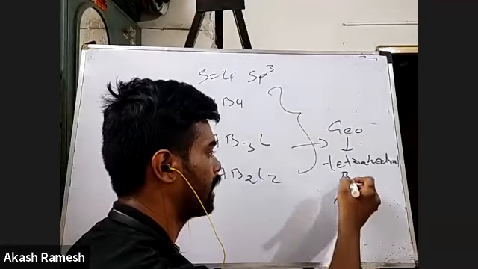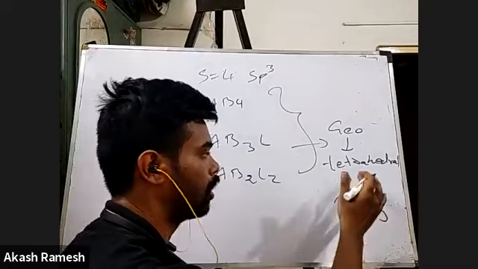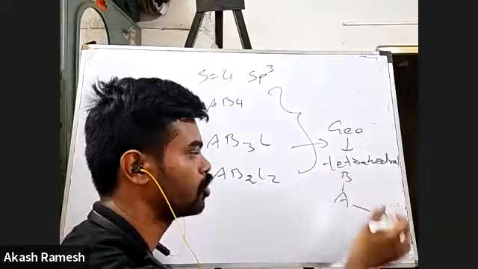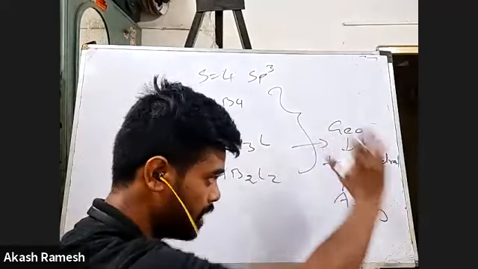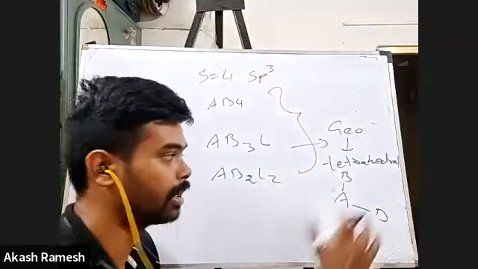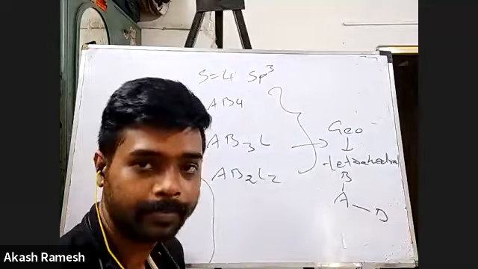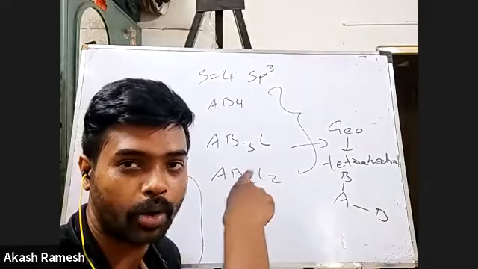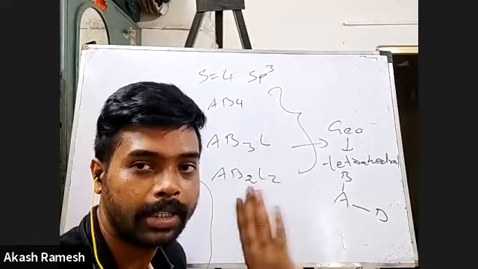So you have A, B. Now, these 2 B's are in the plane of the board only, right? But the other 2 bonding atoms are not going to be in this plane.